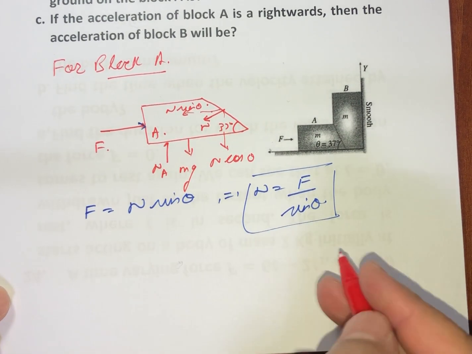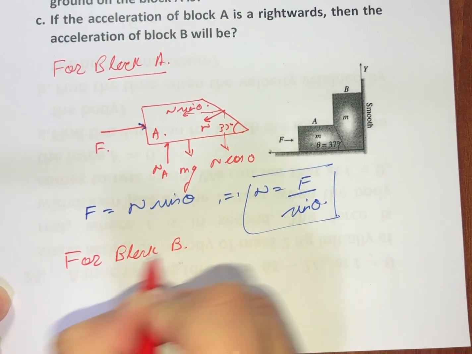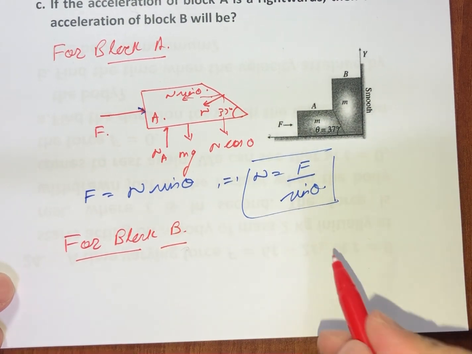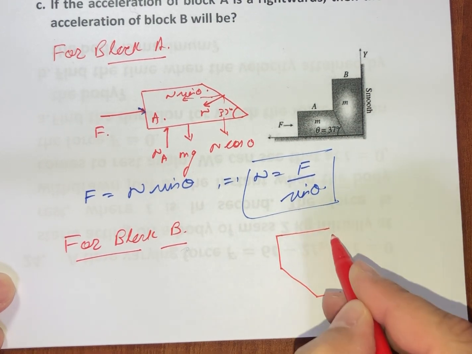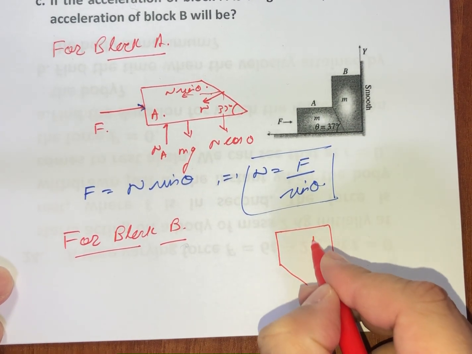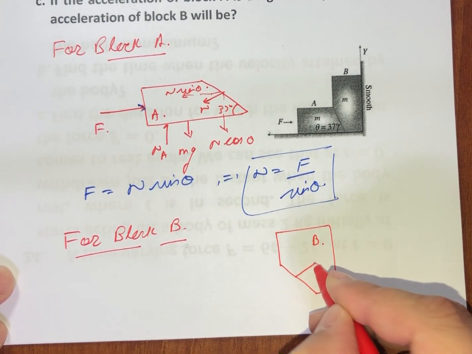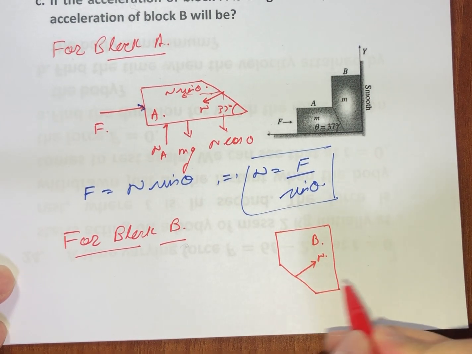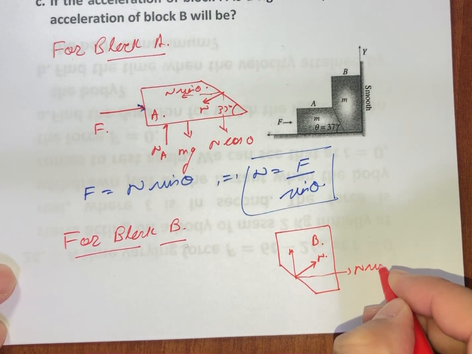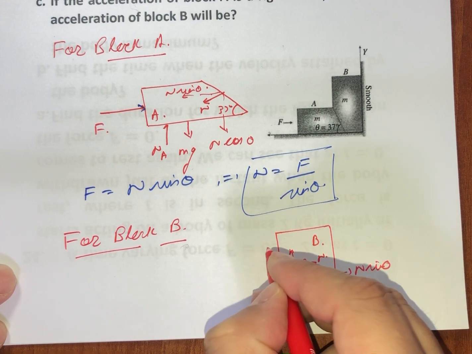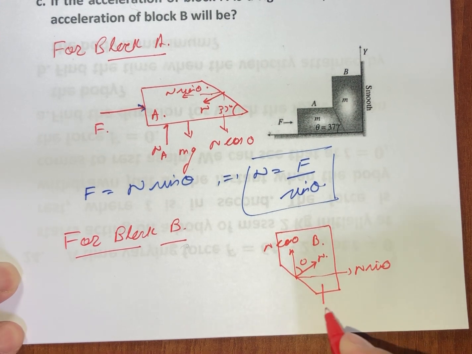Now let us draw block B. Block B, and there will be normal N, which can be divided into two parts. We have N sin theta, this angle will be theta, and this will be N cos theta, and also in the downward direction we are going to have mg.